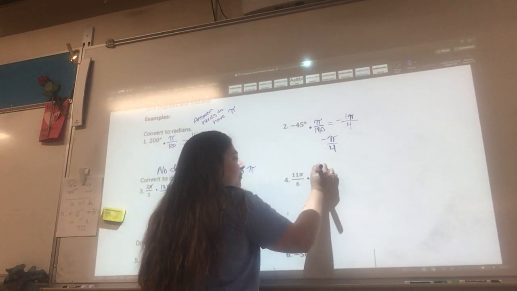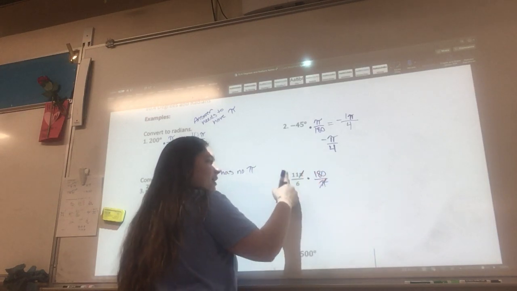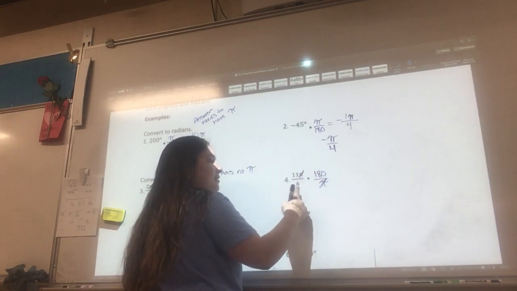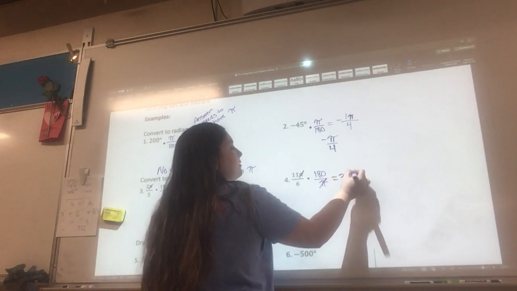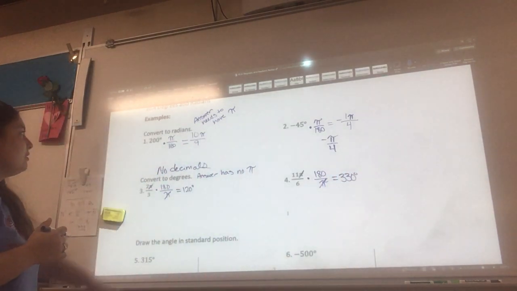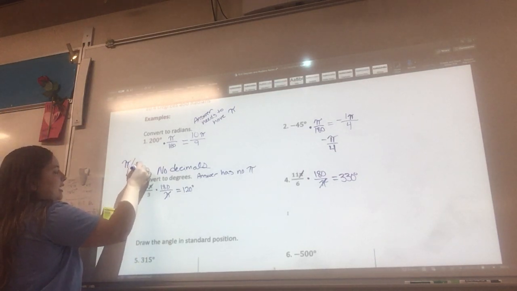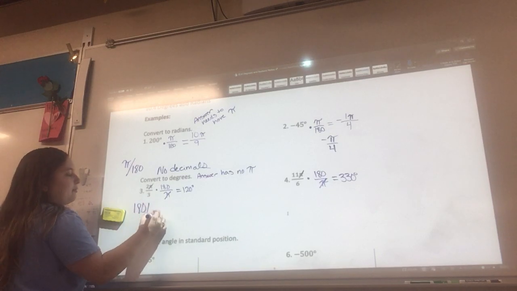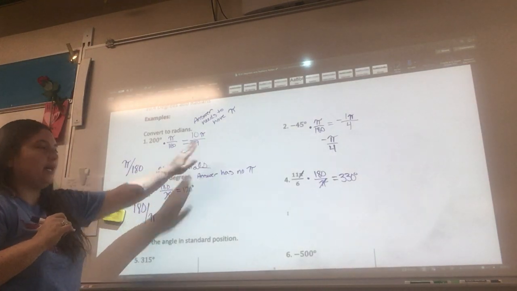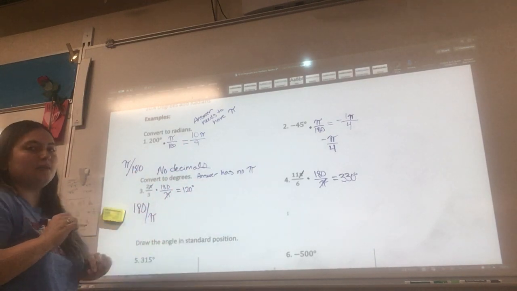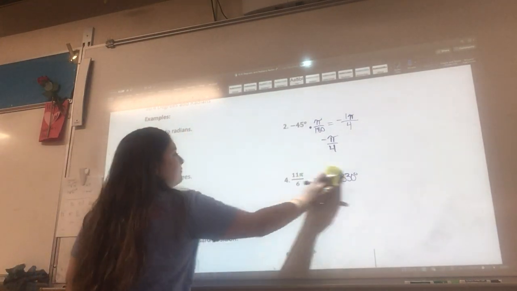We multiply by 180 over pi, our pi's cancel, and 11 times 180 divided by 6 equals 330 degrees. Again, just that lovely conversion factor of pi over 180 or 180 over pi. When you want to go to radians, you should have a pi. When you want to go to degrees, there is no pi.